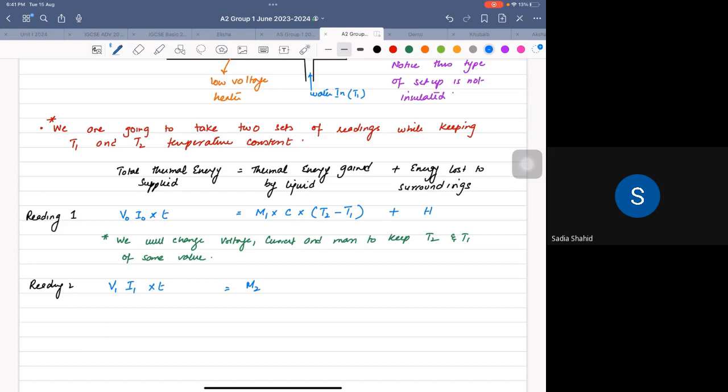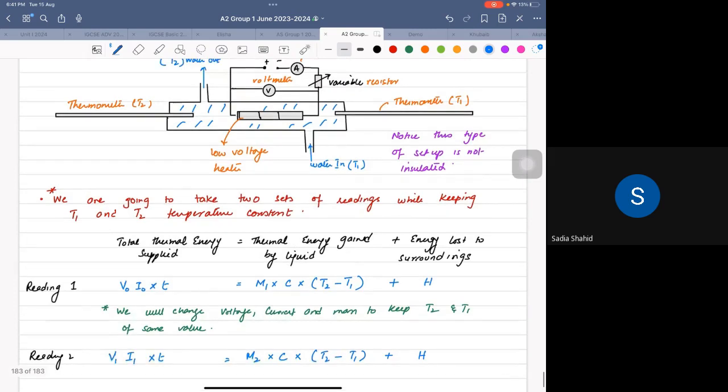But if we also increase the mass of water flowing through it, it will heat it slowly, so that we make sure T1 and T2 are the same. With that, we will achieve the same amount of heat loss. Now, how is heat loss managed? Please understand this.